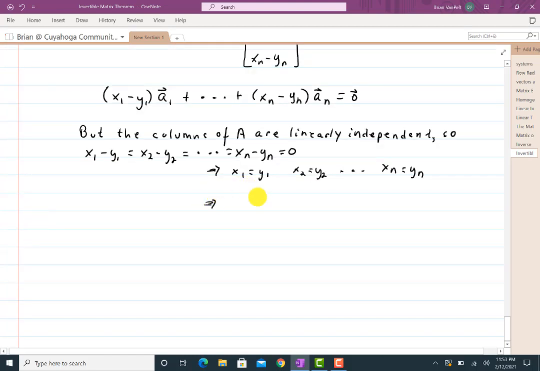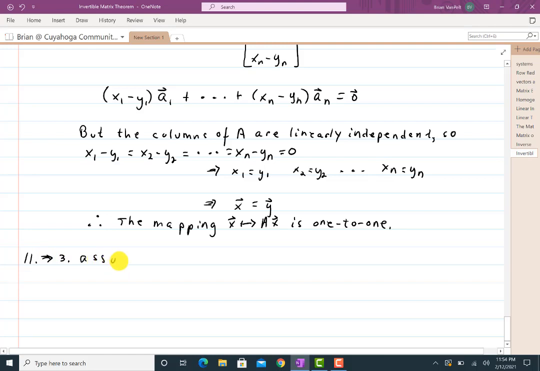This implies then, since each of the components are equal to each other, that the vector X equals the vector Y. Therefore, the mapping X goes to AX is 1 to 1. And now we'll go back 11 to 3.